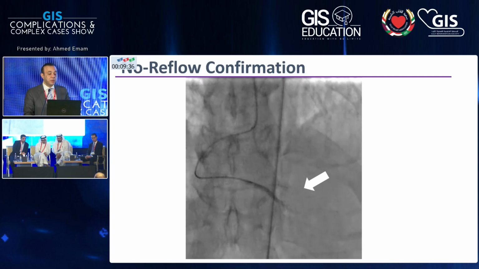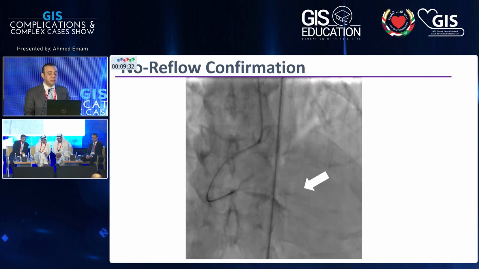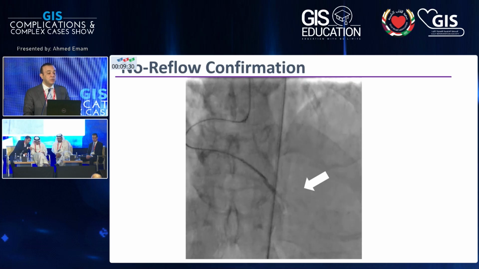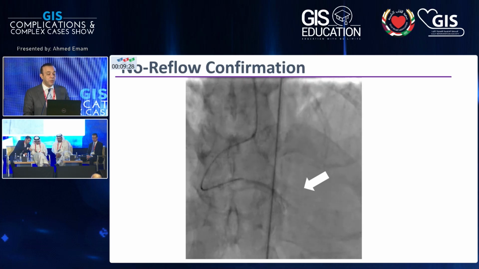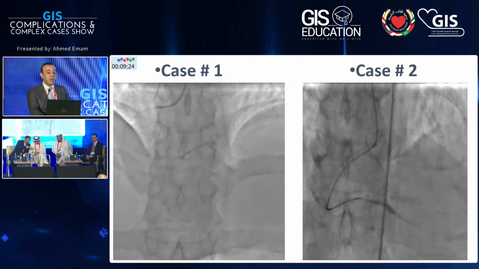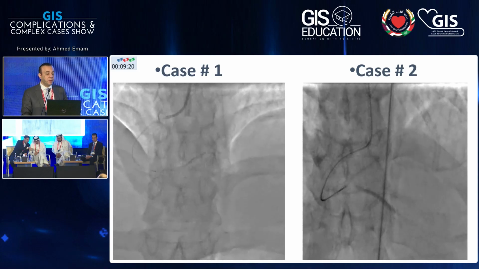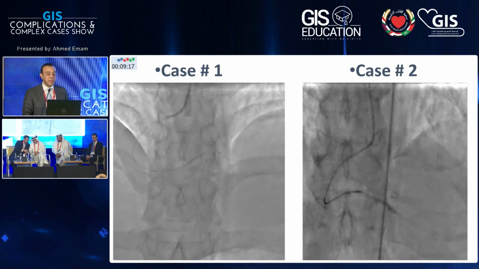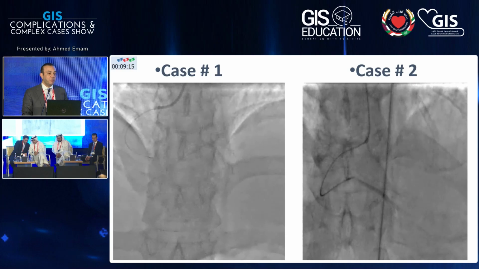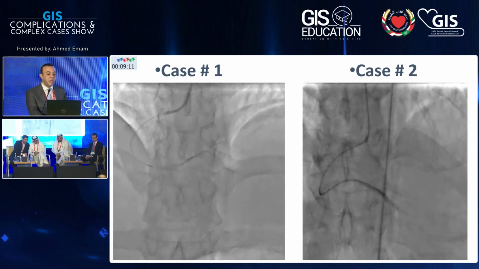The flow here in the microcirculation is really compromised. So now I diagnosed that I had the no reflow phenomenon here in the microcirculation. I brought these two images so you can compare the flow in the first case and in the second case, and appreciate the difference between the two cases.